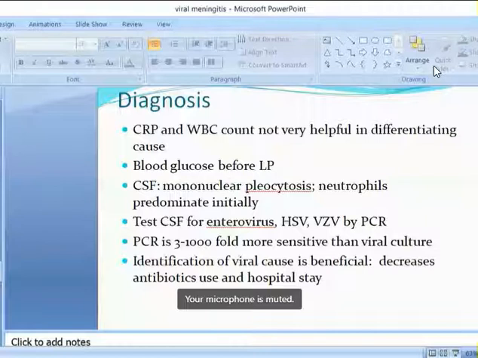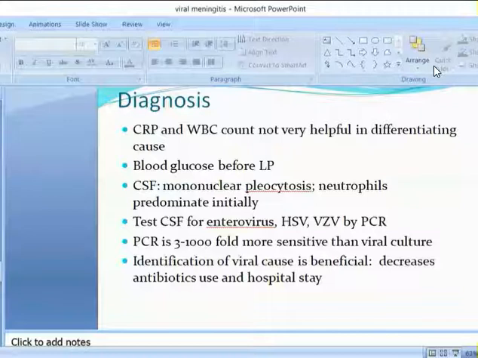You know that the hospital stay itself bears a risk of acquiring hospital-associated infections, healthcare-associated infections. So it is always better to confirm the diagnosis, whether it is a bacterial cause or a viral cause. You can avoid the unnecessary use of antibiotics and the unnecessary stay in the hospital.